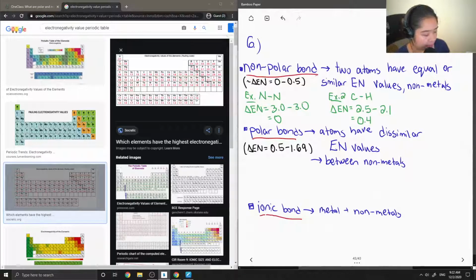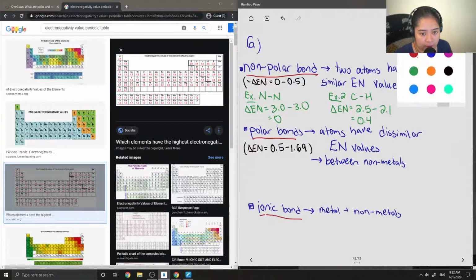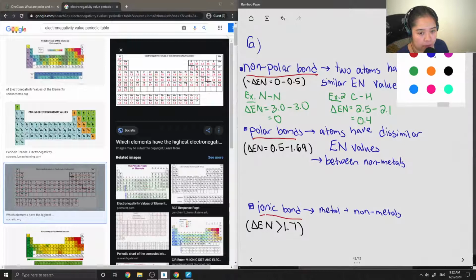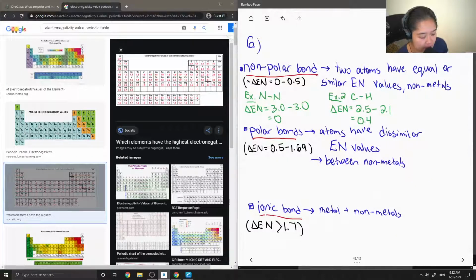But going back to the difference in electronegativity for ionic bonds, its difference will be greater than 1.7. So like I mentioned before, atoms have dissimilar electronegativity values, and because of this, it leads to something called a dipole moment.